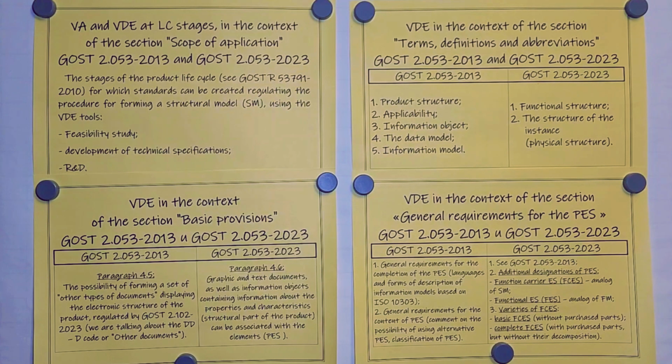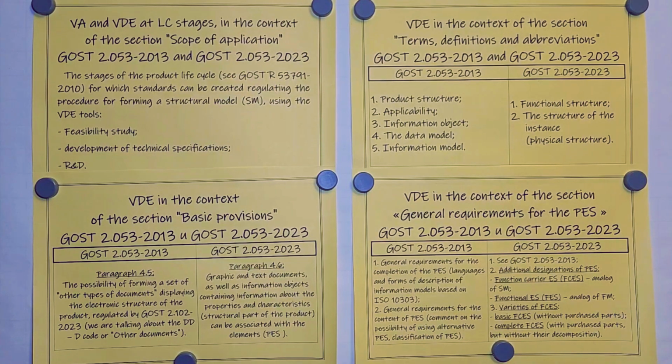Obviously, it provides for the possibility of forming such a value design engineering tool as an information database on the cost engineering system. A separate issue will be devoted to the product electronic structure within the framework of an automated product data management system.